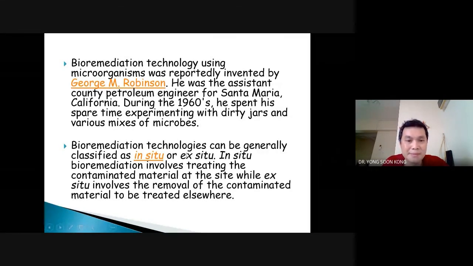Usually, in situ is much more preferred, because if you do it on the spot, you cut down the transportation costs. So very economical. And why not? You can just do it right there, no need to transport anywhere.